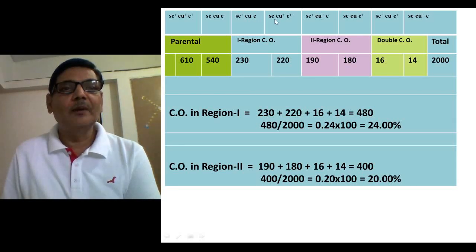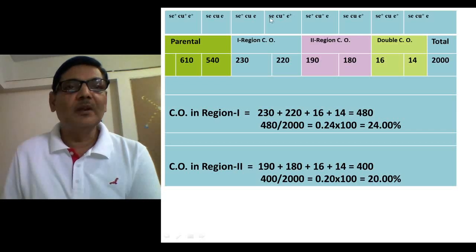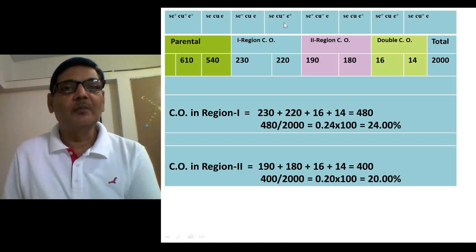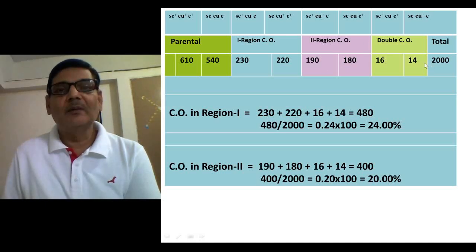Then here you will have fly with sepia eye, then other 2 features, that is wing will be normal and the body color will be normal. So that will be obtained because of crossing over in the first region or between SC and Cu. Then you will have those flies which will occur due to crossing over occurring in the second region, and then you will have the double crossovers.